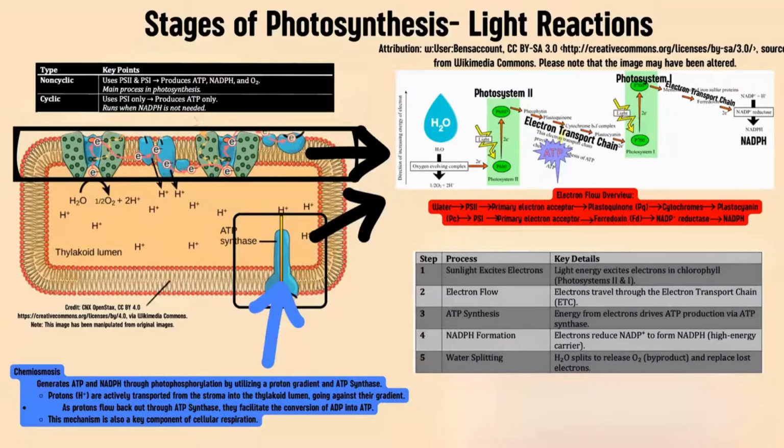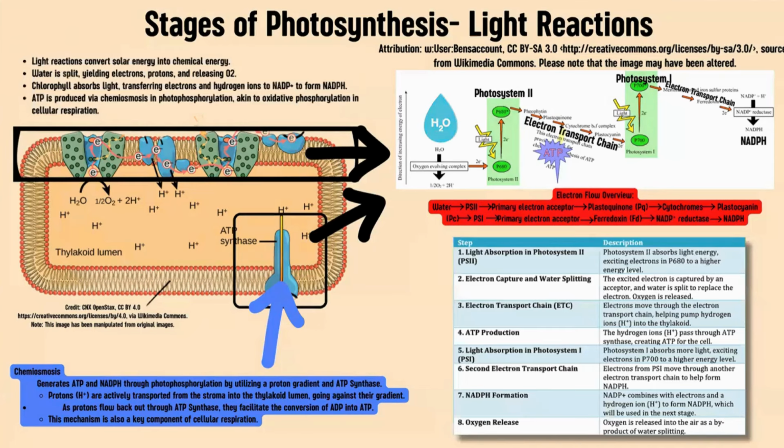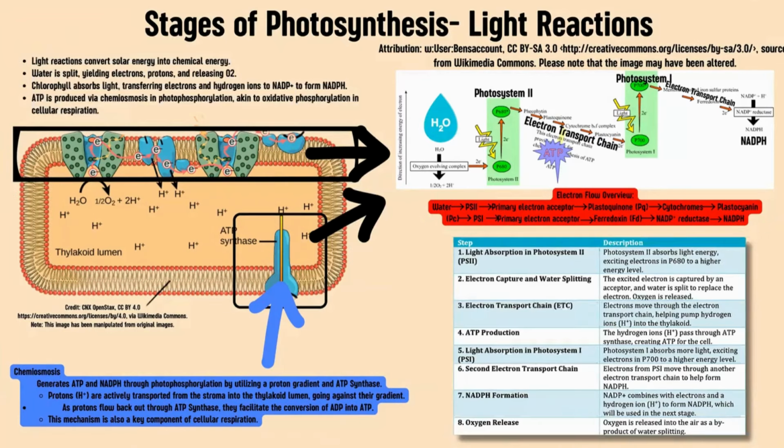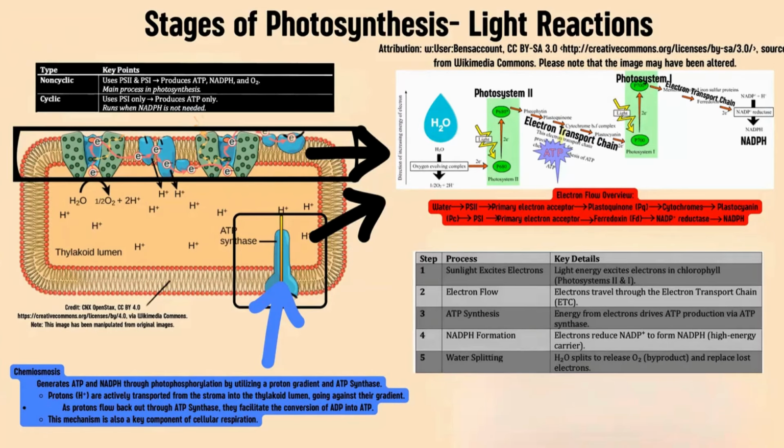If you notice this visual here, it's a very complicated visual, and we're trying to break down what happens in the light reactions. We're going to do that in 2 slides that you see here. Please note this is a more detailed slide and this is a less detailed slide, but both of them basically cover the same thing. We're going to cover the process of the first step in photosynthesis, aka the light reactions, in detail, and then we're going to cover it again, now noting the basic language that we have understood.